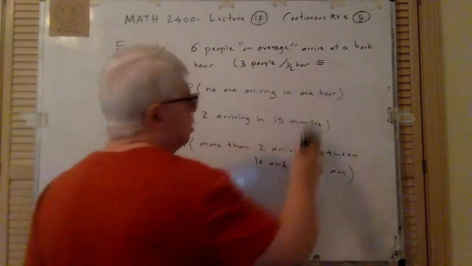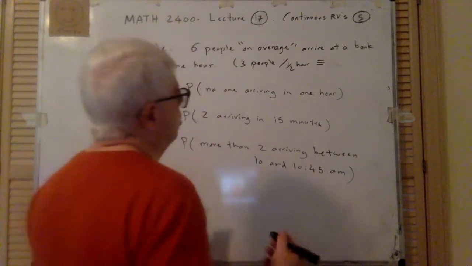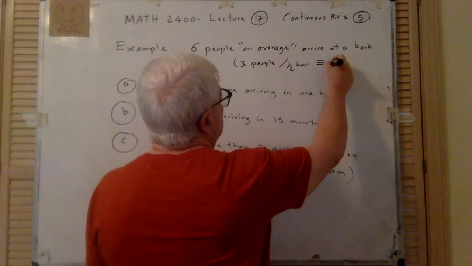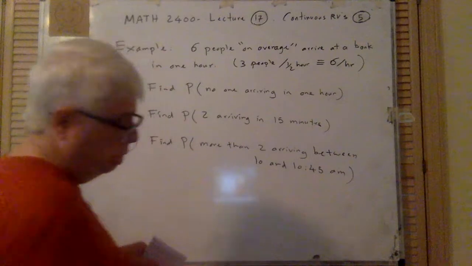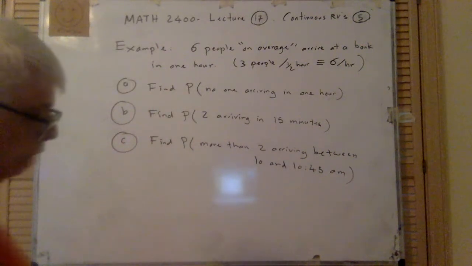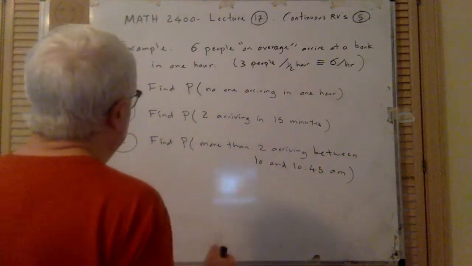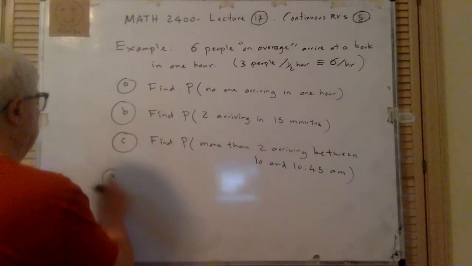So it's better to change it into per hour, so you don't have to be careful here. Otherwise, you have to change everything into half an hour periods. Well, let's find the first one, then I have to erase. So number A, solution.